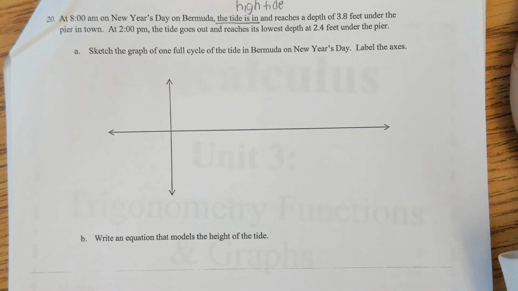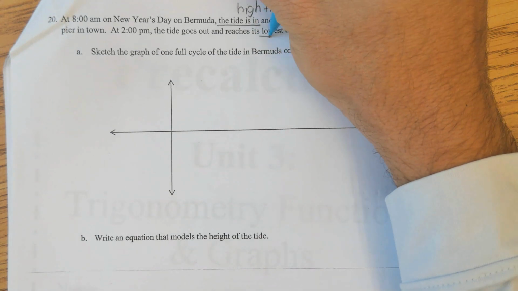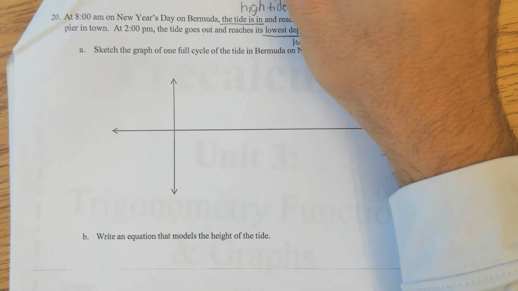And then it says a depth of 3.8 feet under the pier in town. At 2 p.m., the tide goes out and reaches its lowest depth at 2.4. So this is low tide.